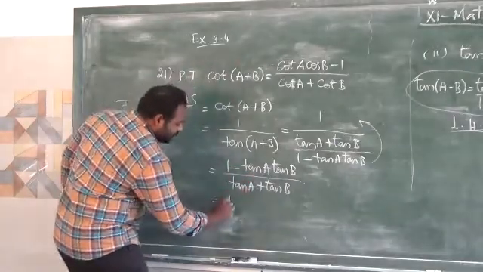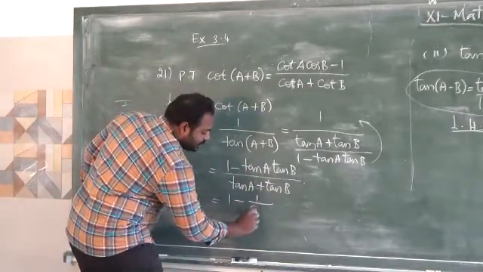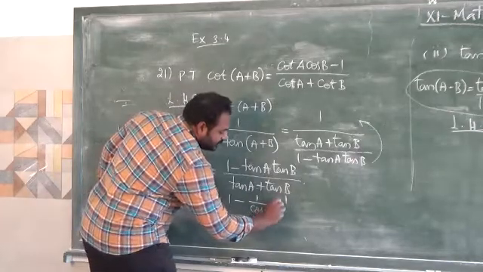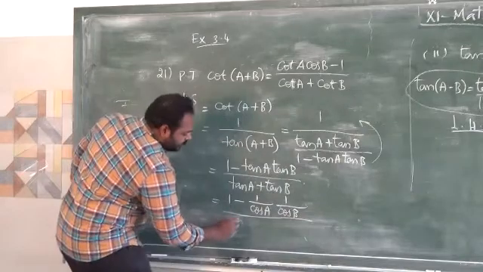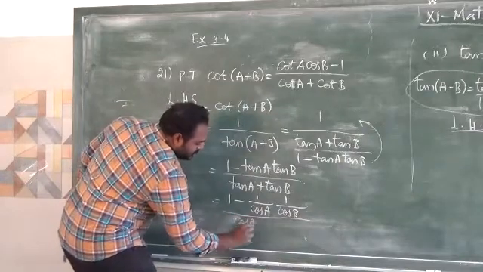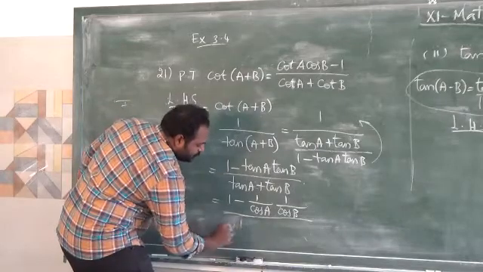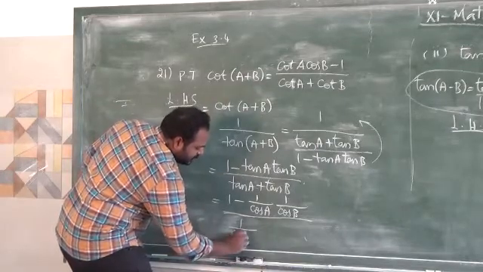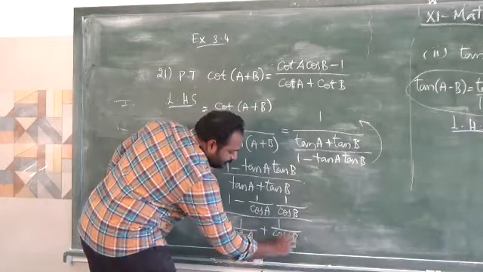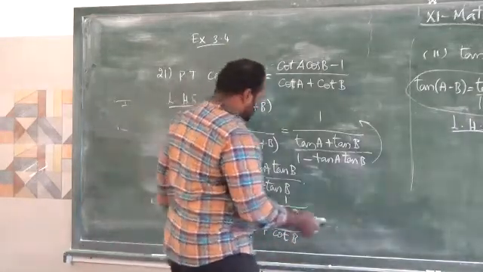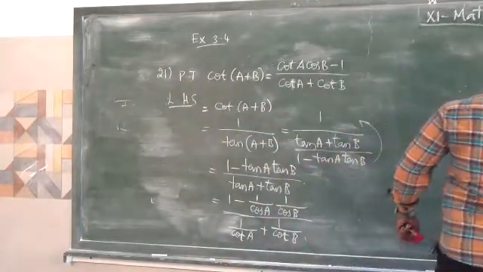Immediately we have to remember that tan A is the reciprocal, 1 by cot A, into 1 by cot B, whole divided by 1 by cot A plus 1 by cot B. To take the common LCM in the numerator and denominator.